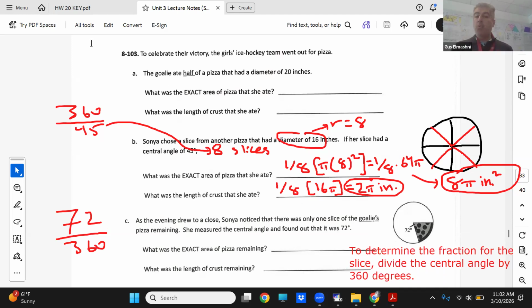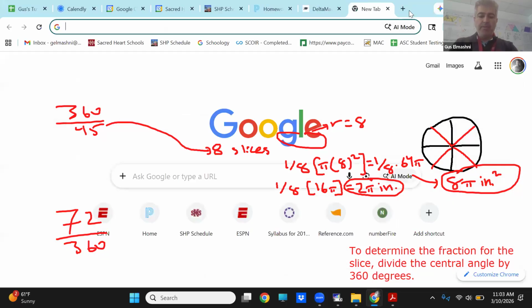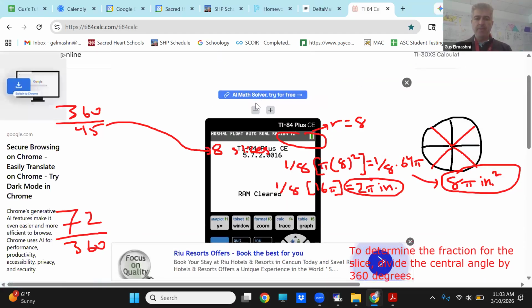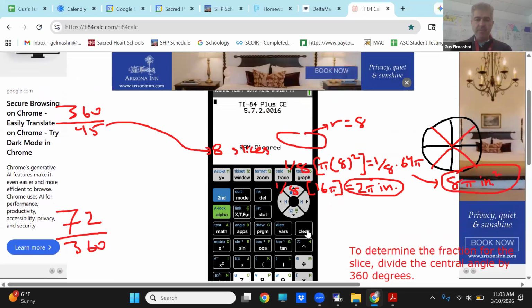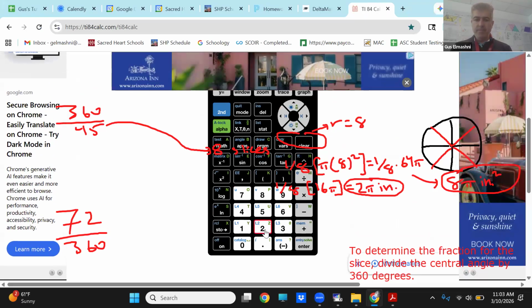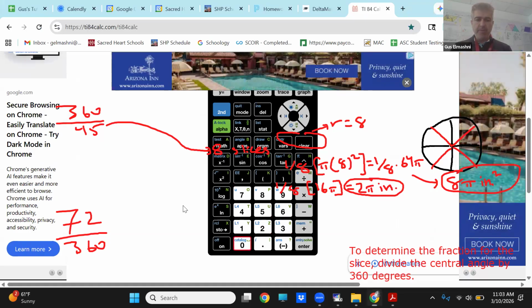Now, one thing that you guys probably don't know in your graphing calculator, and you'll really appreciate this. If I go to TI-84, and let me minimize this, and it's all these stupid ads. So if you use 72 over 360, let me clear screen for a moment.